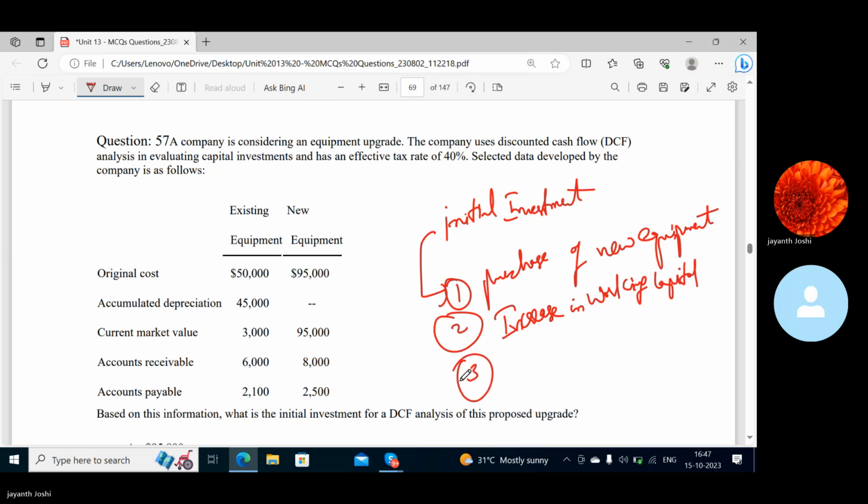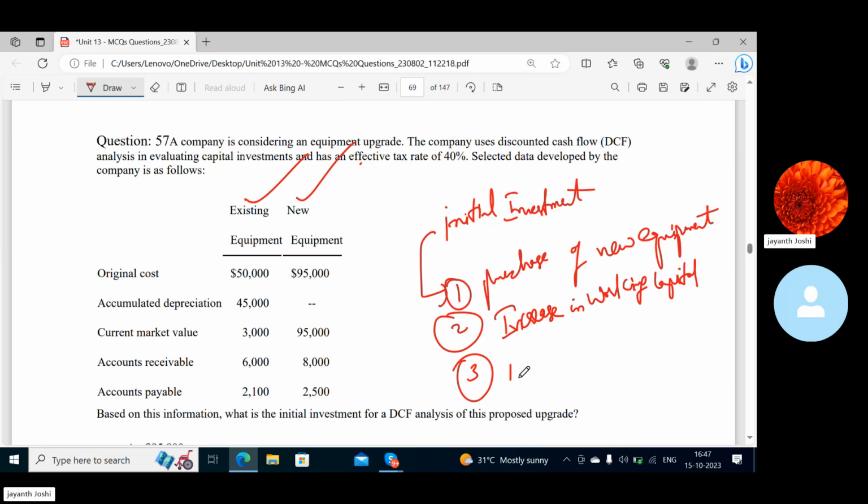Third, if at all you are replacing, there are two things here, existing equipment and new equipment, right? So there may be a case whereby you will be disposing of your old equipment. So you will be getting some proceeds or money from that.